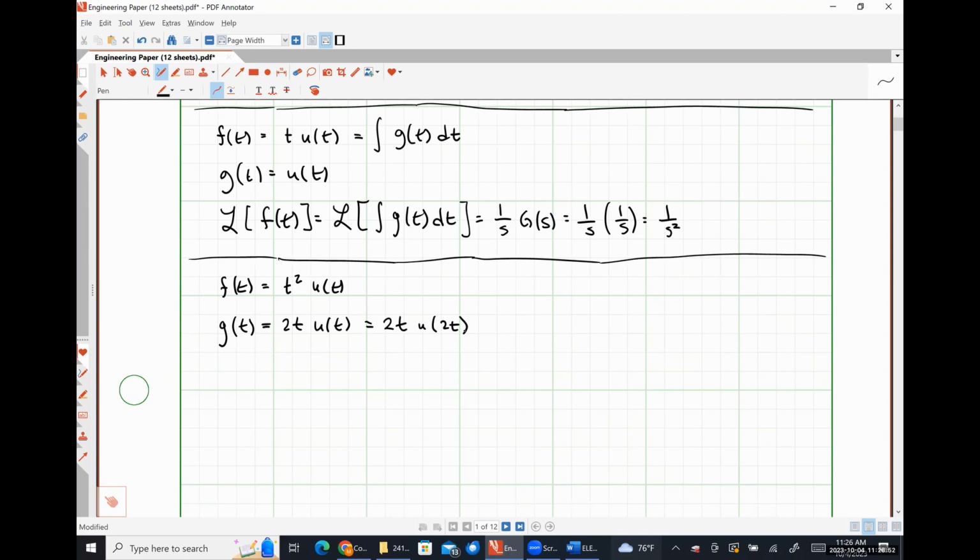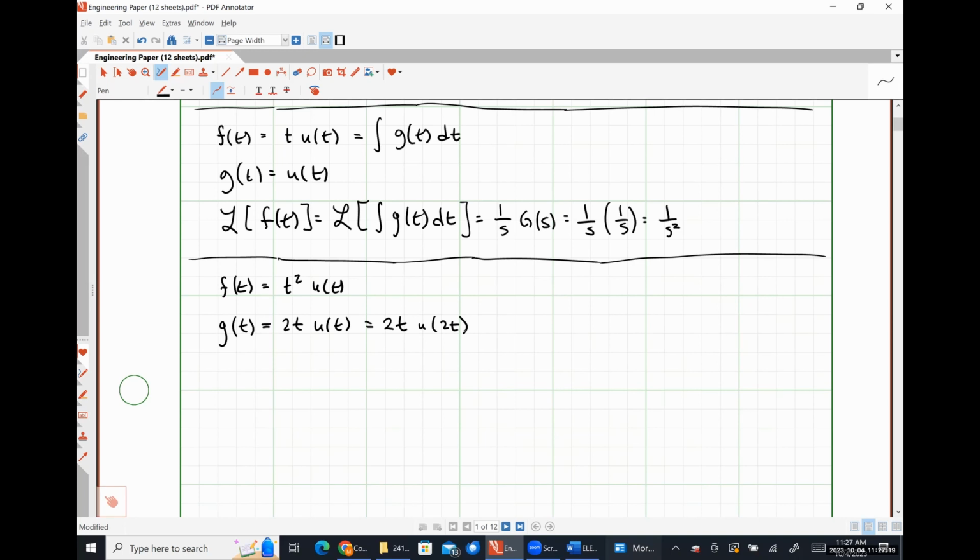Is it okay that I made this substitution? What does a unit step function of u of 2t look like? The exact same thing as u of t, because we were expanding the time axis, but it's already going out to infinity. So literally nothing changes whatsoever. It still transitions from 0 to 1 at t is equal to 0. So I've changed nothing whatsoever.